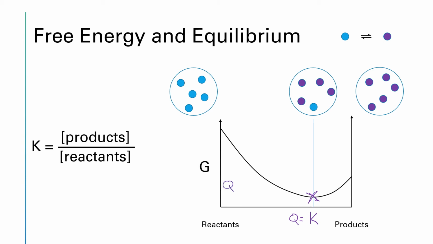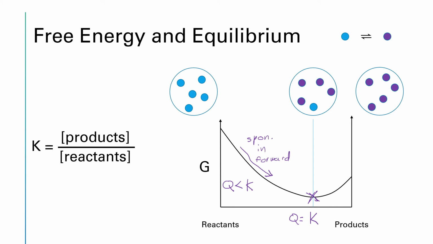That means that Q would be less than K. So in the scenario where the reaction has not reached equilibrium yet, and we find that Q is less than K, there is a driving force for this reaction to go in the forward direction to reach equilibrium. So in this scenario, the reaction would be spontaneous in the forward direction until enough reactants were converted to products so that Q equals K and we would be at equilibrium.